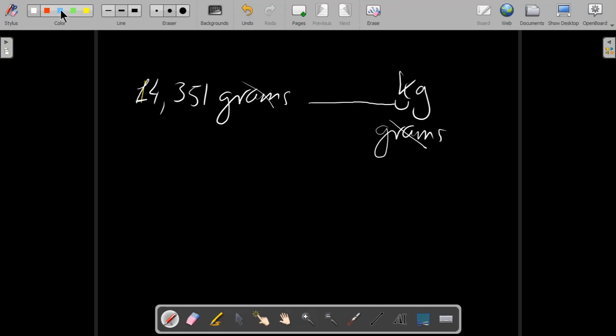Now you need to write, I'm going to put it in blue, the conversion factor that relates one another. How are they related? How are kilograms and grams related? Well, I know that I have 1,000 grams in 1 kilogram. This is a conversion factor. This is how they are related.